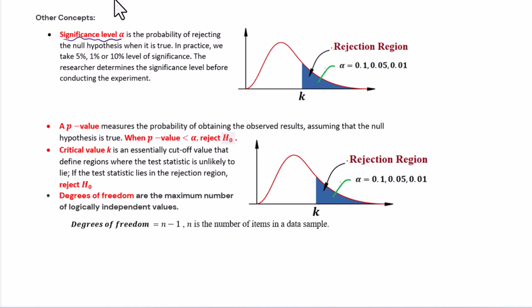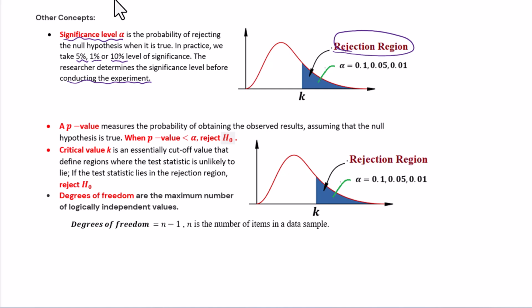Significance level alpha is the probability of rejecting the null hypothesis when it's true. In practice, we take 5%, 1%, or 10% level of significance. The researcher determines the significance level before conducting the experiment. Here is the rejection region.